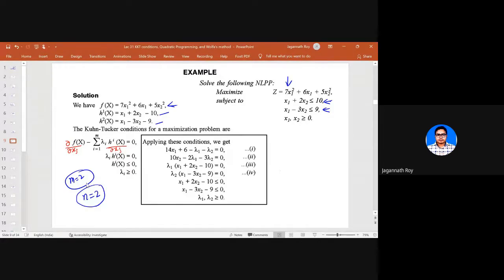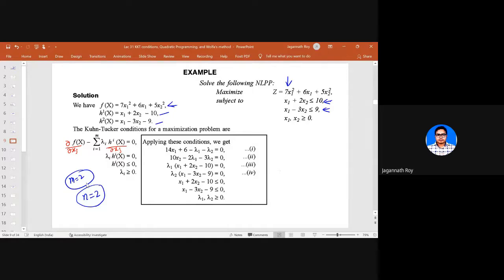So what we do is we find the first set of Kuhn-Tucker conditions. We satisfy this one and try to find all these equations.